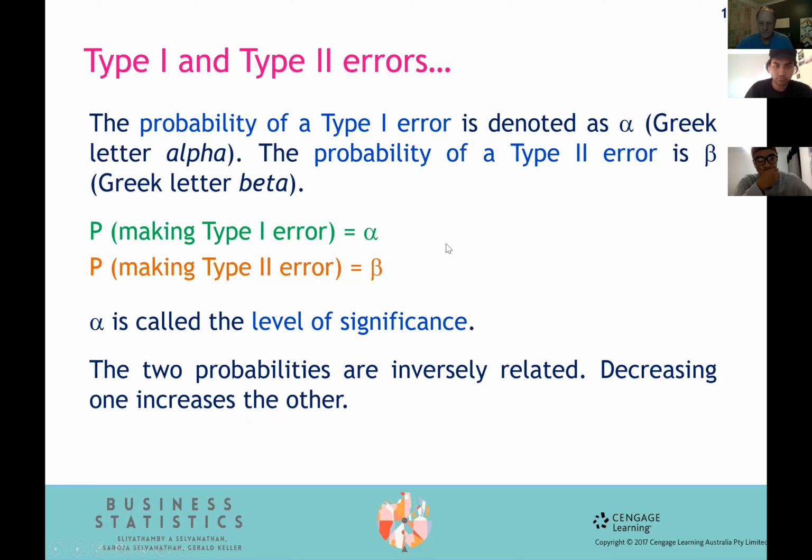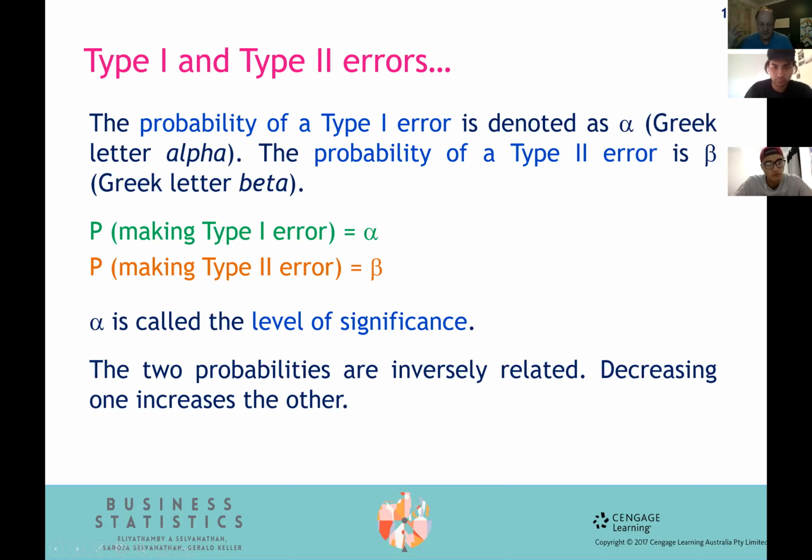So if there's 100 court cases, they'll only 5 times make somebody go to jail that's actually innocent. So typically the setting for alpha is 5%.